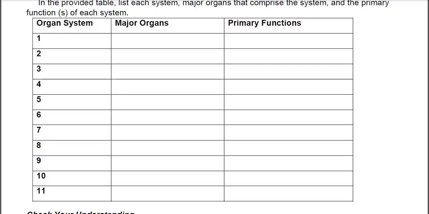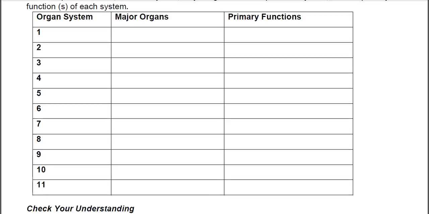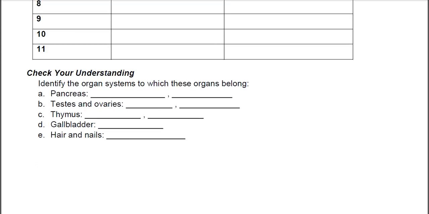In this lab, we're considering male and female reproductive systems as one organ system, the reproductive system. So other places may separate those out from each other and say that there are 12. So you'll need to go through. This shouldn't be too hard. Information certainly in your book. And then once you fill that out, you can answer these questions.